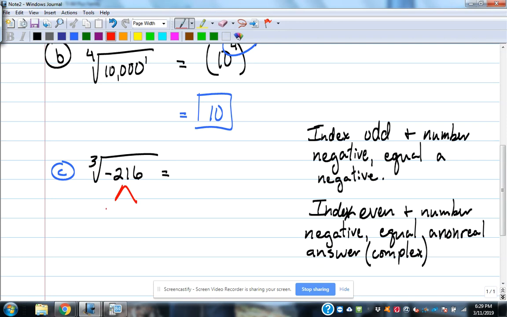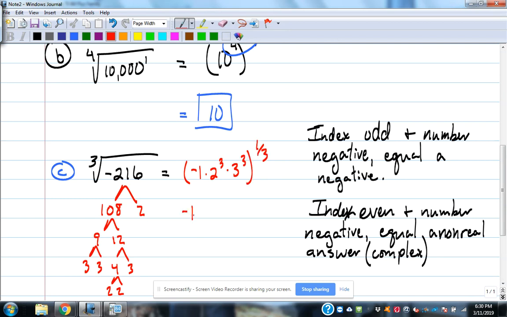I'm going to do the work here and say, okay, well, that's 108 and 2. I already knew that from last section. We did this same number, 9 and 12, 3, 3, 4, 3, 2, 2. So that's actually -1 times 2 cubed and 3 cubed to the 1/3 power, which is just going to be -1 times 2 times 3, which is -6.